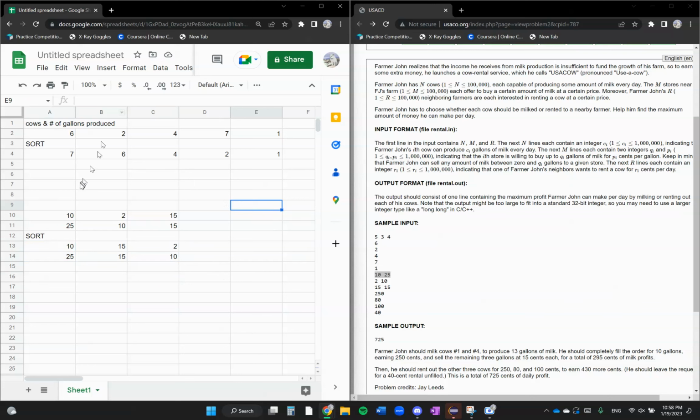So after we do all this, what do we do? For this cow, we're going to be selling all 7 gallons of its milk for 25 cents each. So it's going to be 7 times 25.